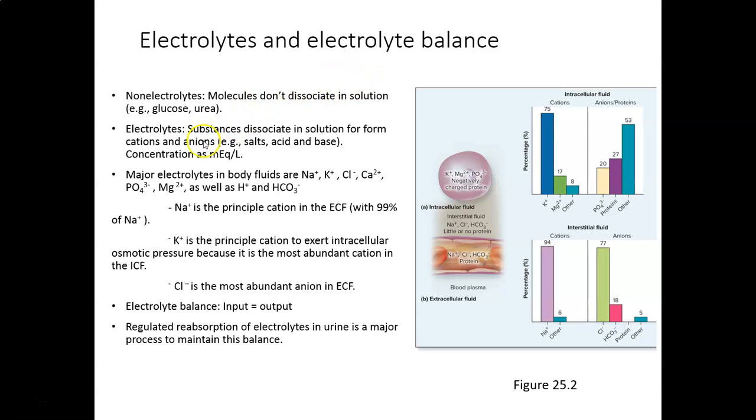There are a few things that can happen, right? If it's salt or acid and bases, they do not only dissolve, they actually dissociate into cations and anions. And so they essentially form electrolytes. That's how electrolytes are formed.